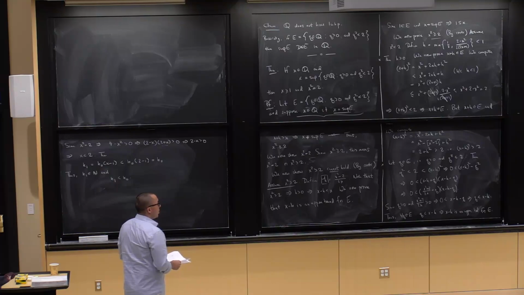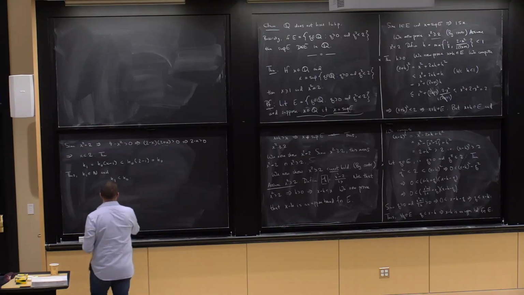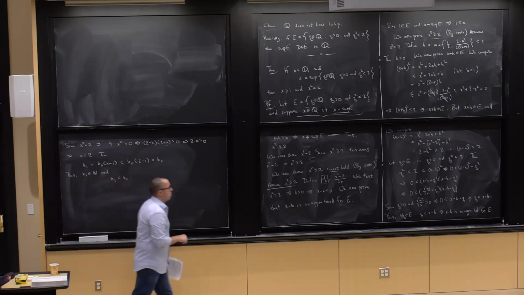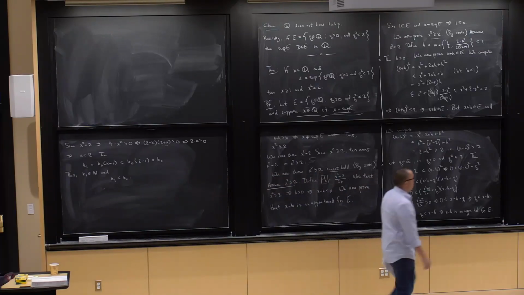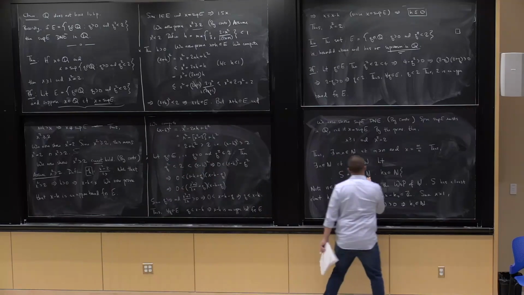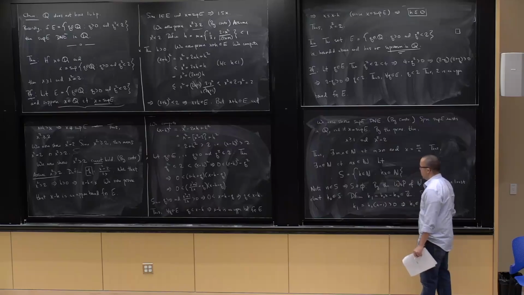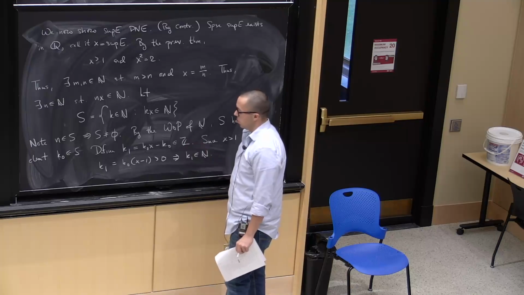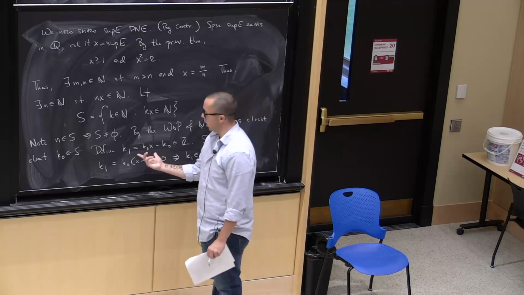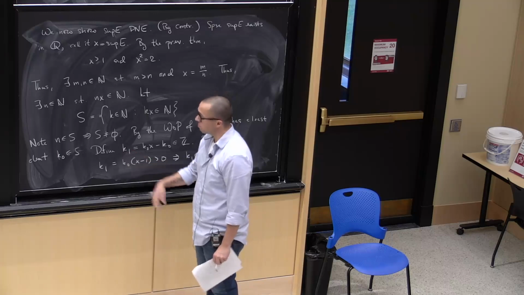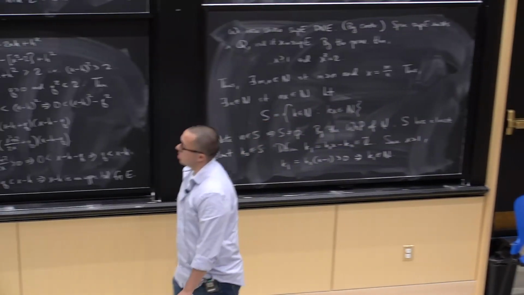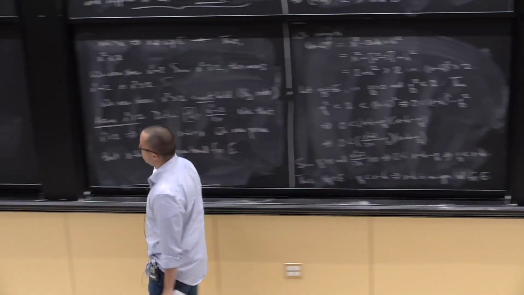Now, let's remember what K0 was supposed to be. K0 is supposed to be the smallest natural number so that when I multiply it by x, I get another natural number. And from this K0, I constructed a new natural number called K1, which is less than K0.